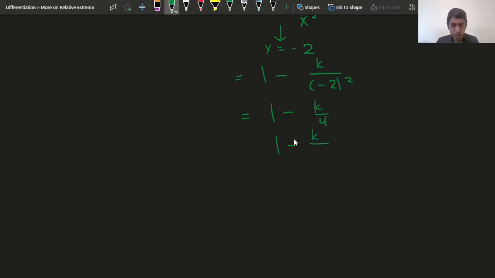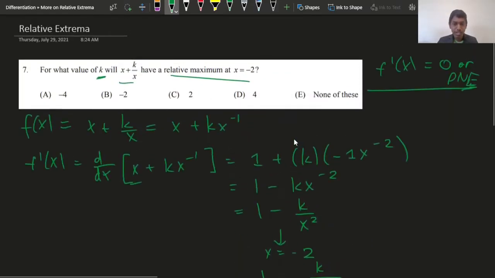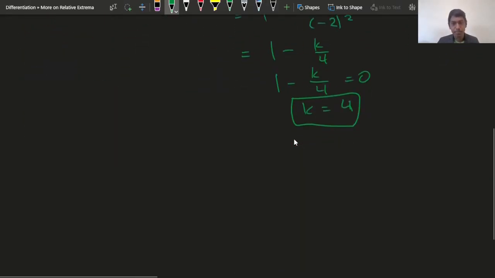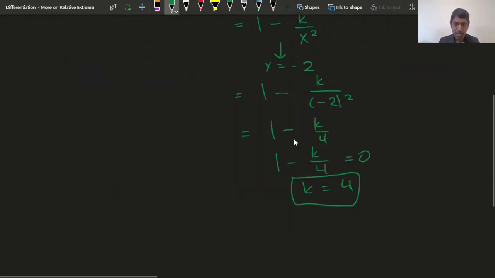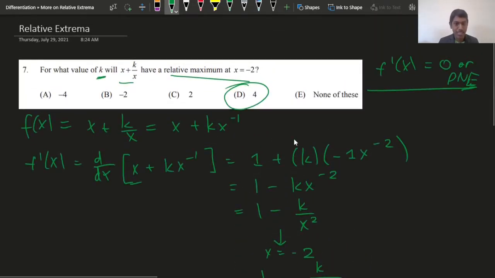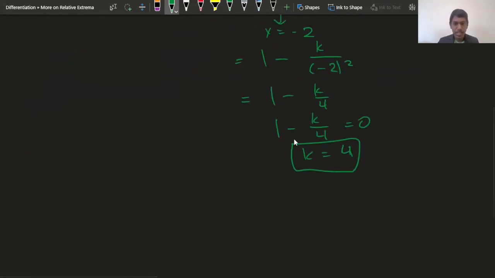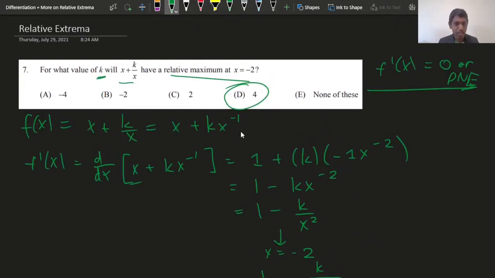If you set 1 minus k over 4 to 0, you get that k is 4. So immediately, if you were running out of time, you could just pick D right away, because that is the only answer choice on here. Now we're just ignoring E for now. But out of these, that's the only one that could possibly get you a relative extrema, let alone a relative maximum. And in fact, that is the only value of k that can give you relative extrema at all.